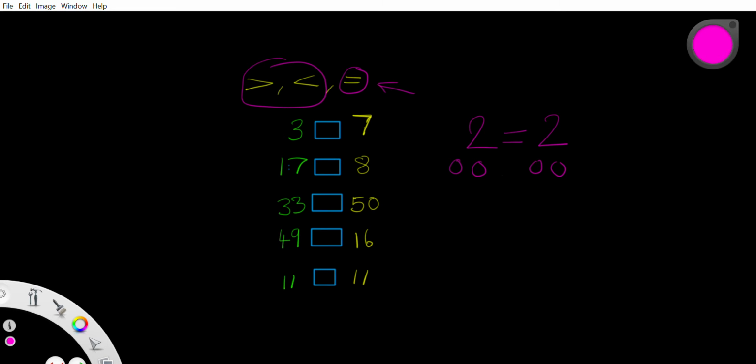There's no difference between them. This one is not greater than that one. They both have the same value. That's what the sign equal to means.